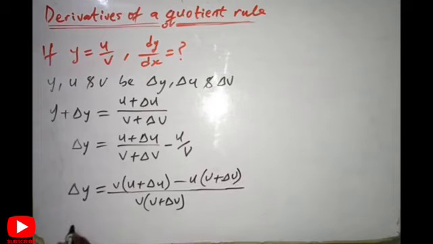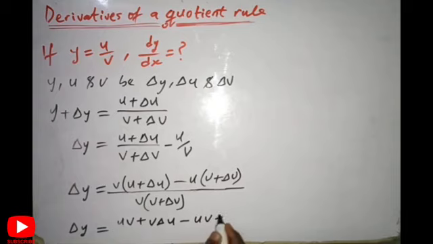Now let's open the brackets. We have uv plus v delta u minus uv minus, times plus, that will be minus, u delta v all over v into v plus delta v.